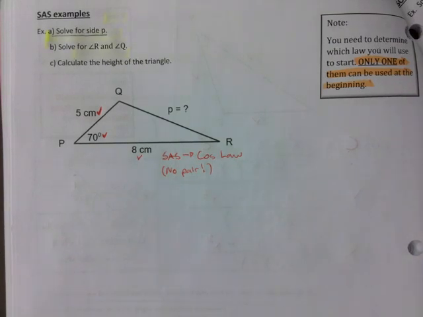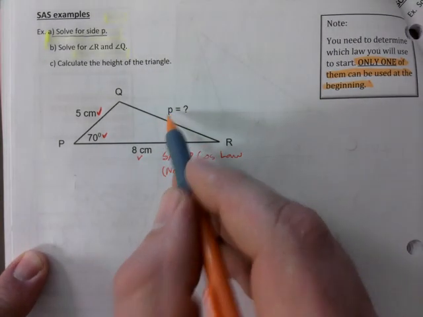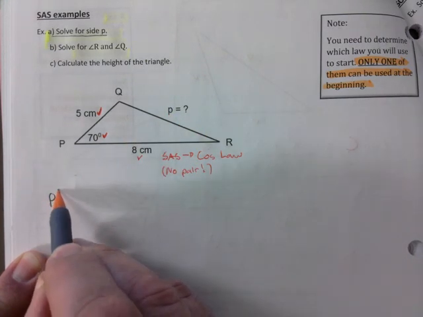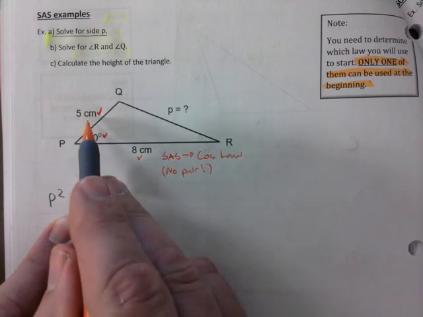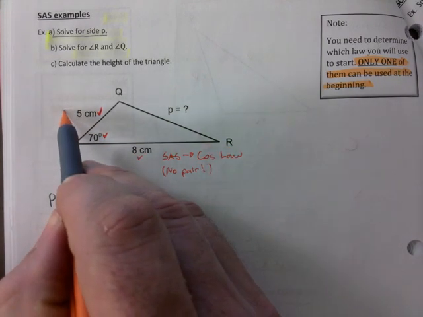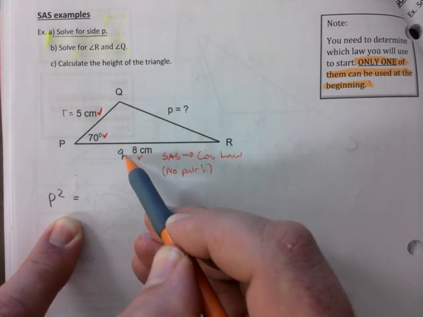So let's use the formula to help us develop a pattern. If you go back and look for SAS, it states that to solve for that side, if this is capital R, then this is lowercase r. If this is capital Q, this is lowercase q.